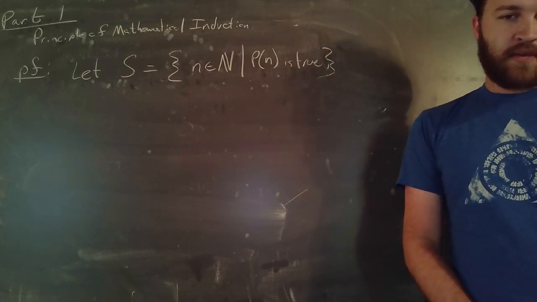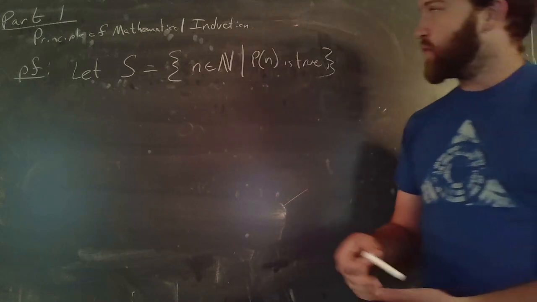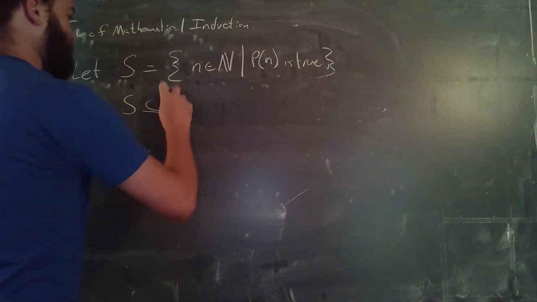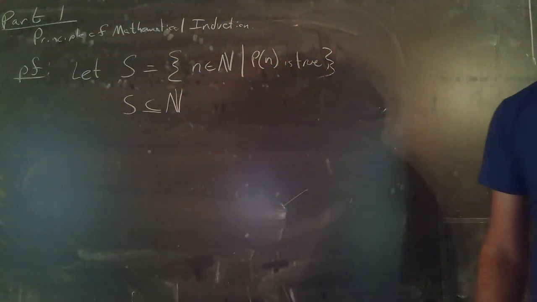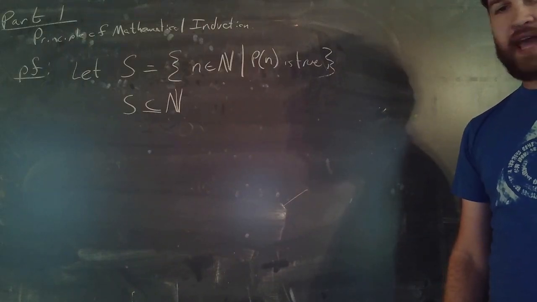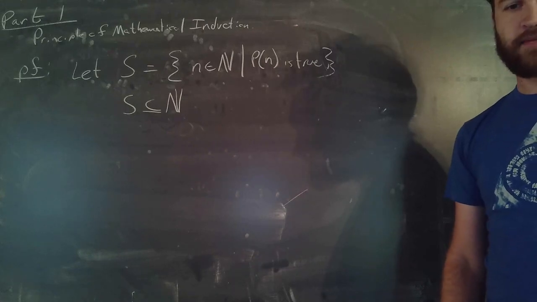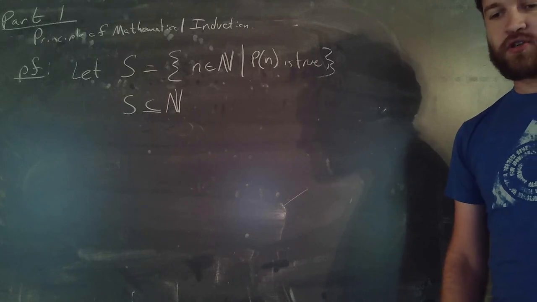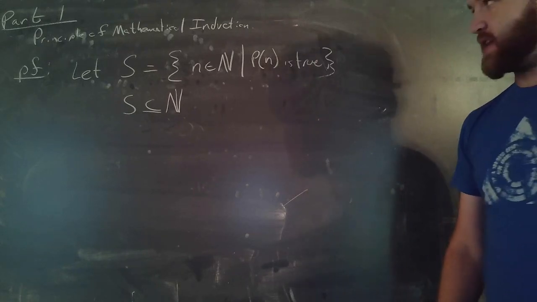So first of all, because n, lowercase n, is being drawn from the natural numbers, we can make some observations. First of all, S must be some subset of the natural numbers. Secondly, we know that if we're going to be able to prove this with mathematical induction in the first place, we're going to have to be able to show that P of 1 is true, because if P of 1 is not true, then we can't use induction for this proof anyway.